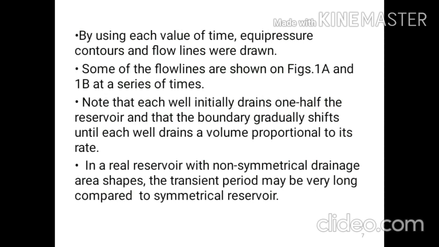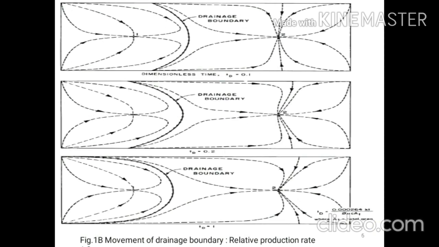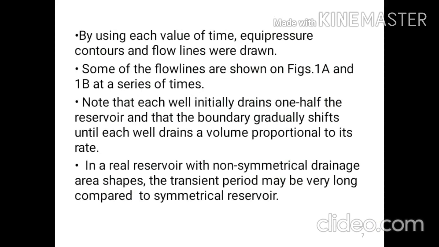Some of the flow lines are shown in figure 1a and figure 1b. Note that each well initially drains one half of the reservoir and that the boundary gradually shifts until each well drains a volume proportional to the rate.